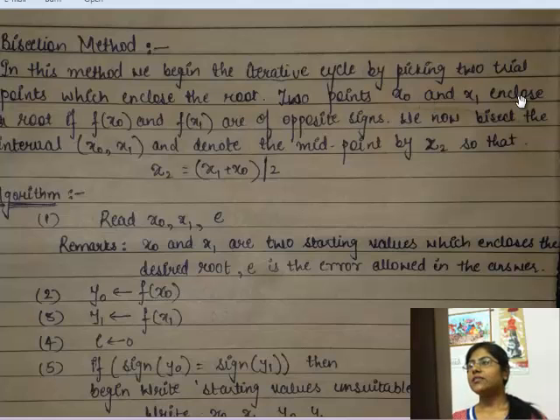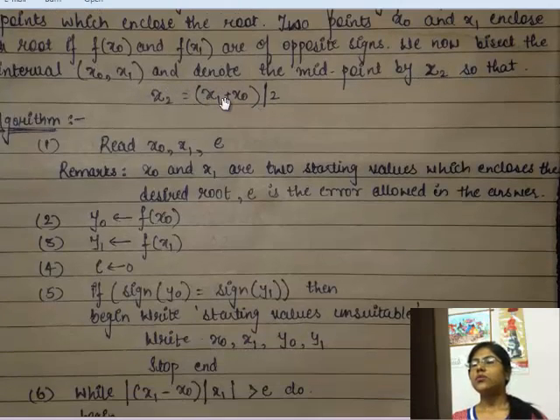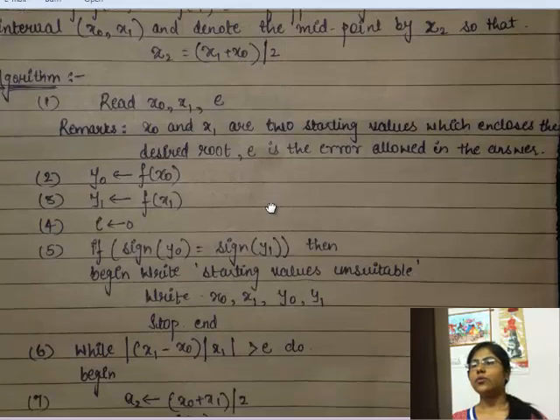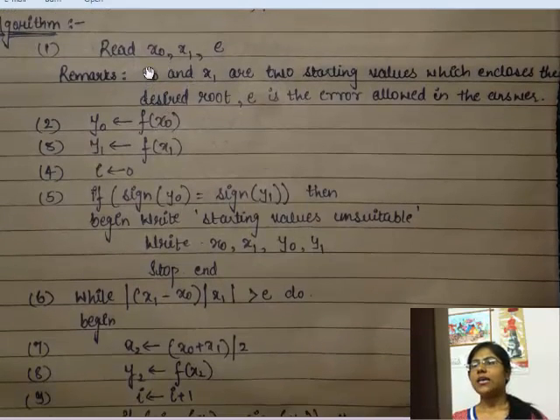Two points x0 and x1 enclose a root if f(x0) and f(x1) have opposite signs. We now bisect the interval x0, x1 and denote the midpoint by x2, so that x2 equals (x1 plus x0) by 2.